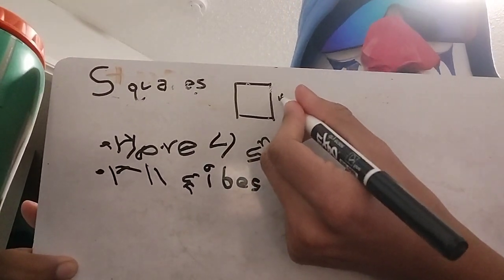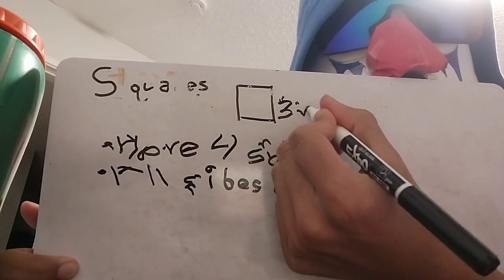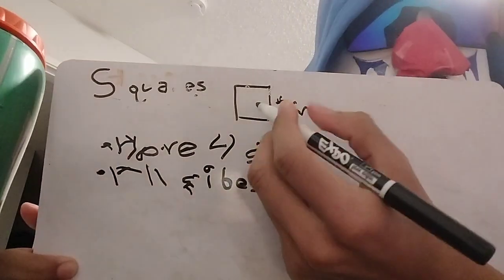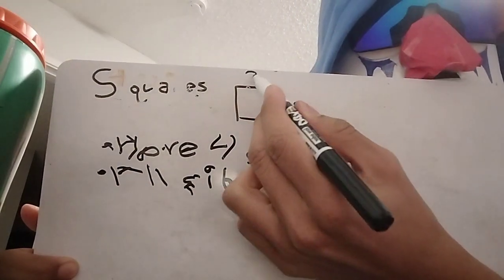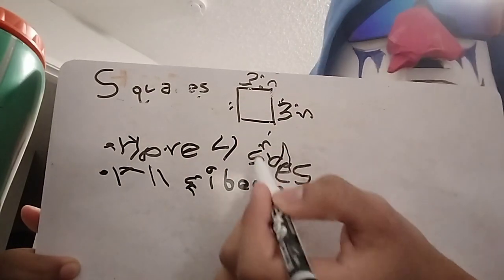Now, if this side is 3 inches long, then the other sides also have to be 3 inches. This one I'm not gonna write again.